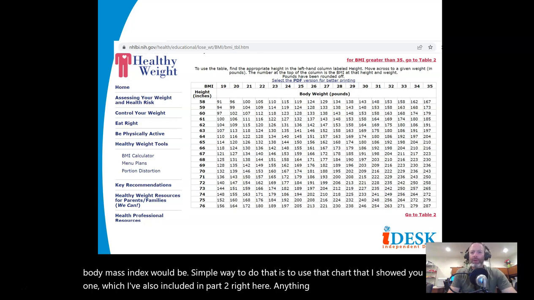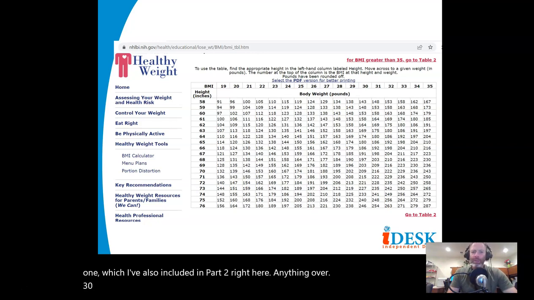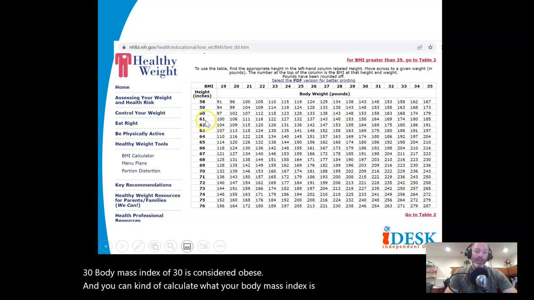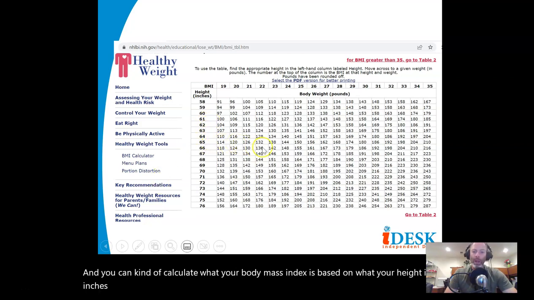A body mass index of 30 or more is considered obese, and you can calculate your body mass index based on your height in inches and what you weigh. So if you are 70 inches tall and weigh 167 pounds, you would have a body mass index of 24.